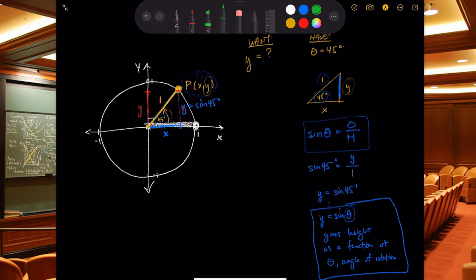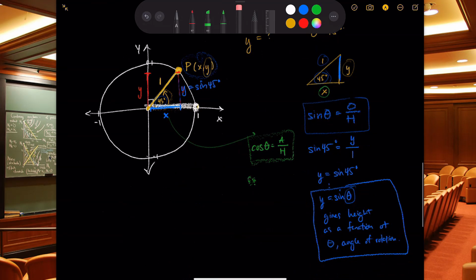And so while we're here, I'd like you to verify that if I wanted to go find x, I know that this would be, using cosine, adjacent over hypotenuse. SOHCAHTOA, if you remember that. And so that means that cos of 45 equals adjacent, which is x, over hypotenuse, which is 1.